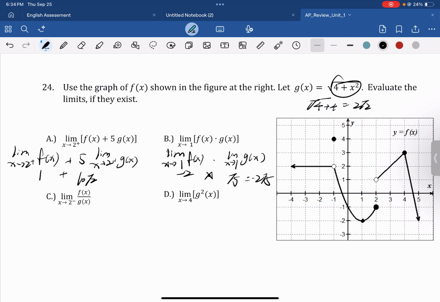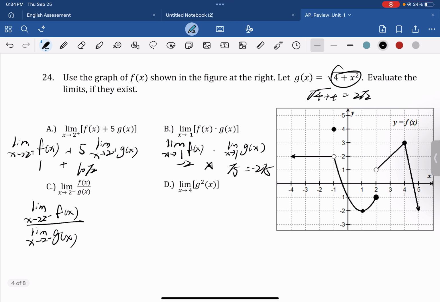Right? It's the second one. For the next one, the limit as x approaches 2 from the left-hand side of f of x over g of x. For this one, we use the same property: the limit as x approaches 2 from the left-hand side of f of x, over the limit as x approaches 2 from the left-hand side of g of x.